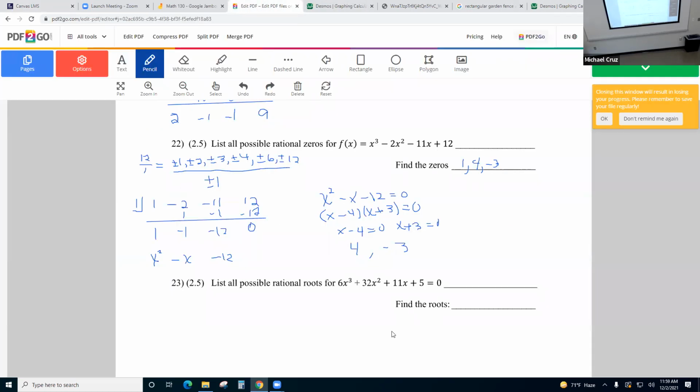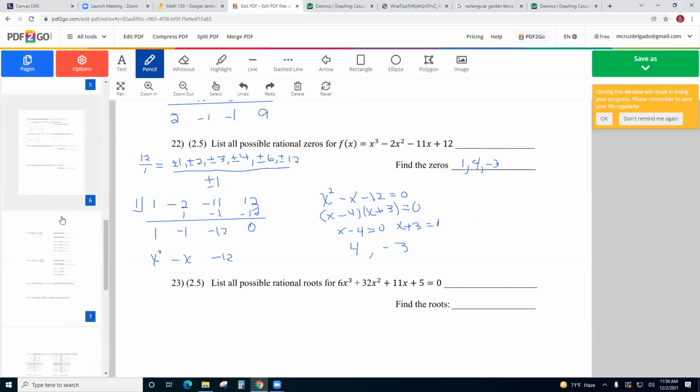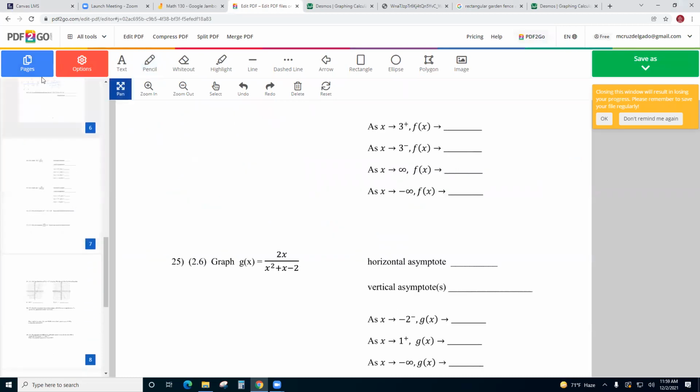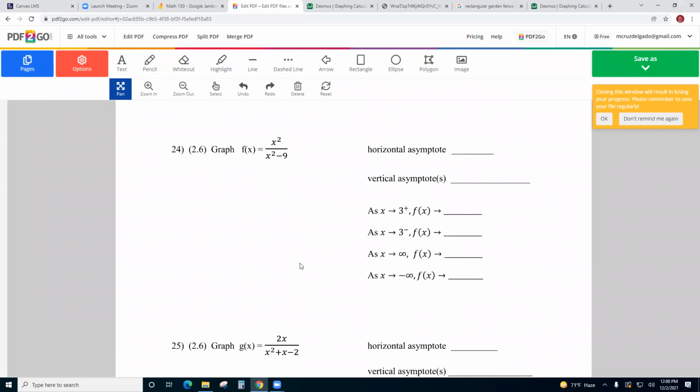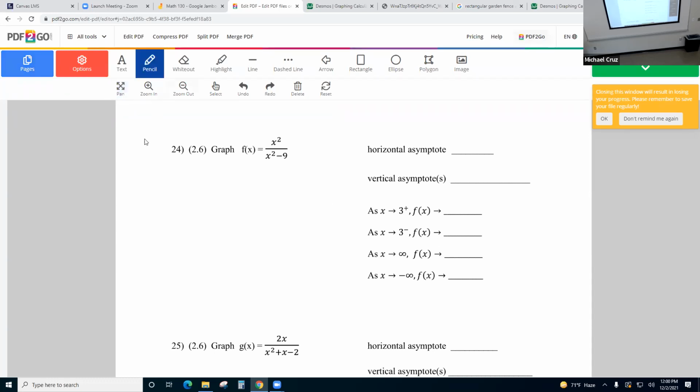All right, can we do number 24? All right, yeah, let's go on down and do it. All right. So the vertical asymptotes are what make the denominator 0.